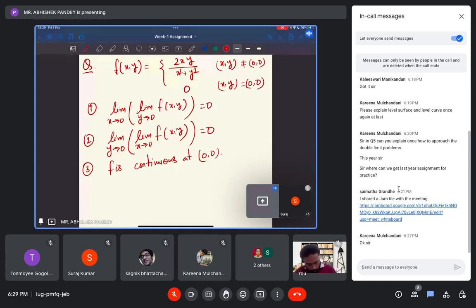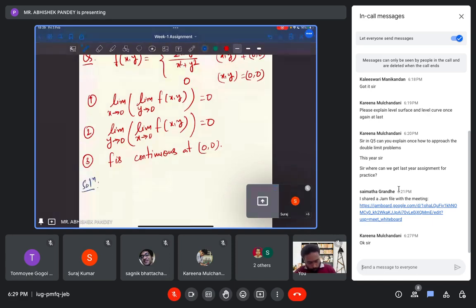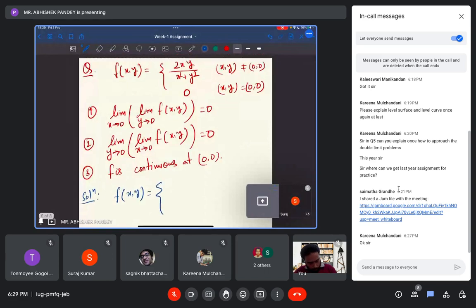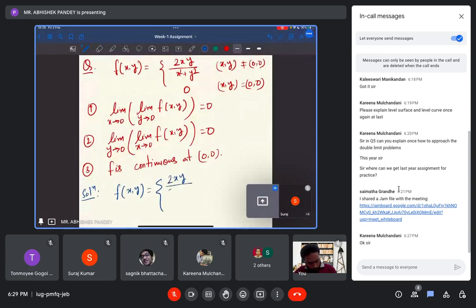So just see the solution. Let f of x comma y equal 2xy upon x square plus y square, where x comma y is not equal to 0 comma 0, and 0 when x comma y equals 0 comma 0.